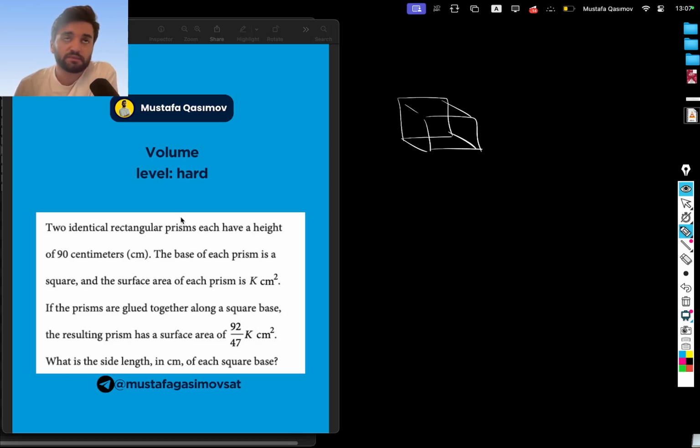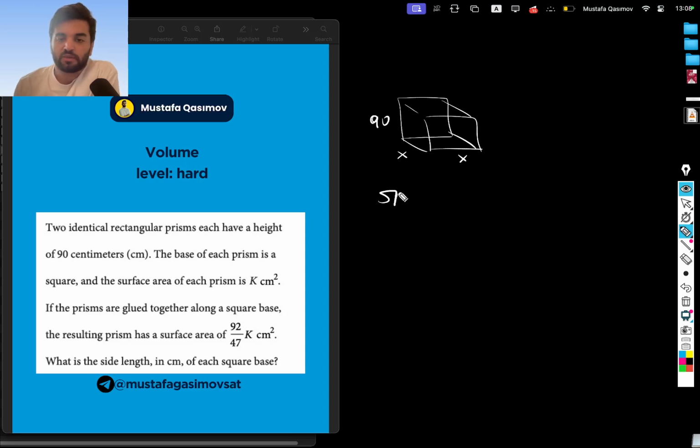In 2023, they always use it like that: the base of each prism is square, but after that, in 2024, 2025, they say that it is square prism. So square prism means that its base is square. Okay, it's x because it's square, it is 90.